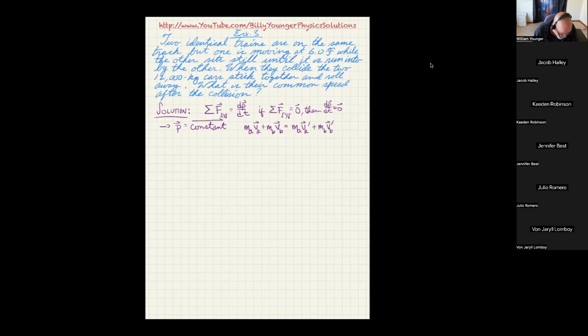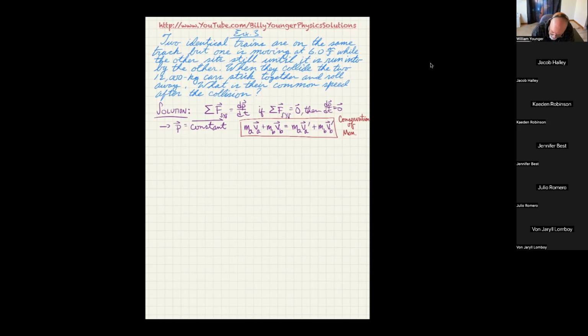So I'll put a prime on that as well. So that really is the vector statement of conservation of momentum. Okay. So that's the actual law that states it.